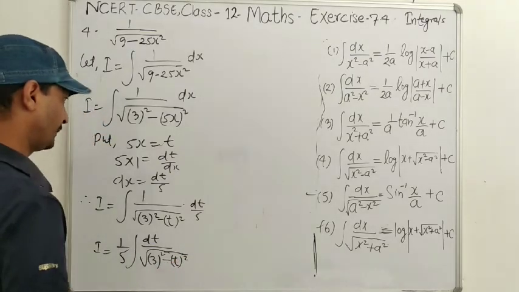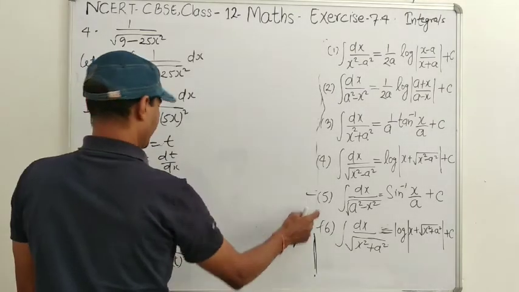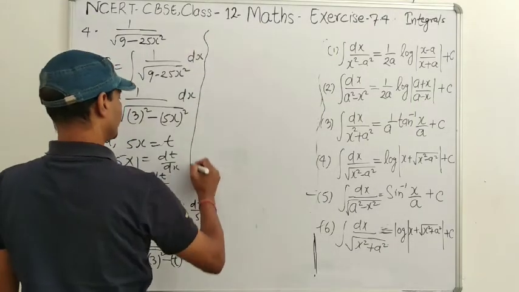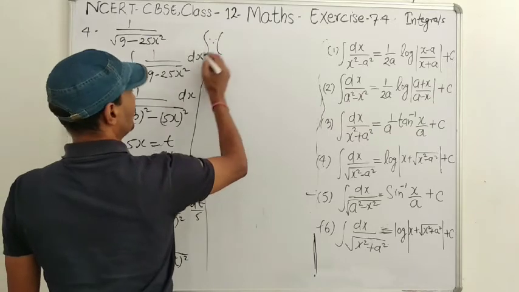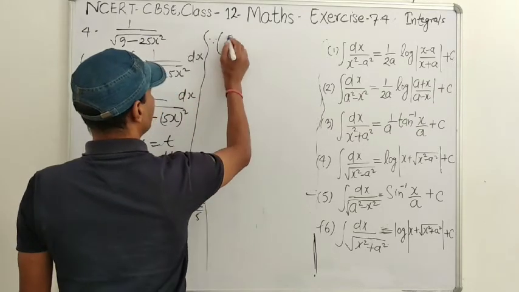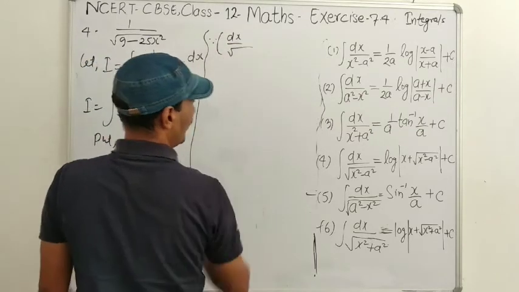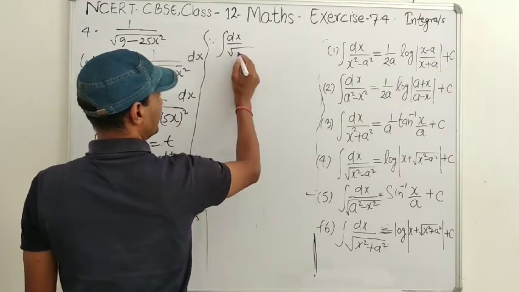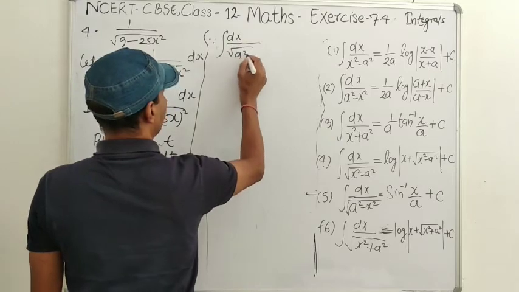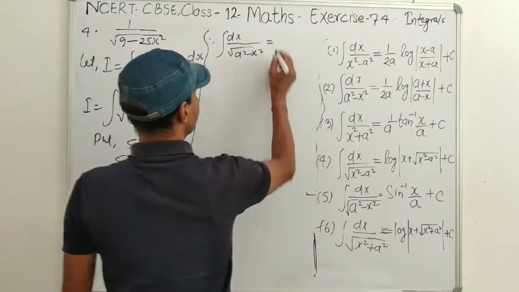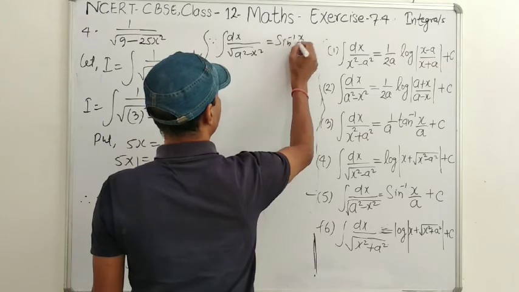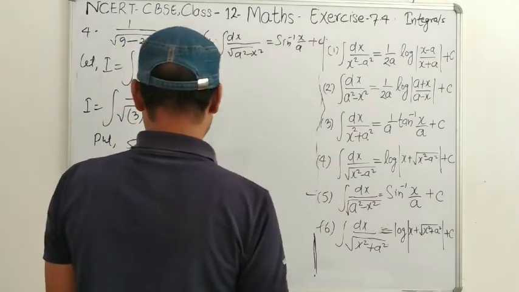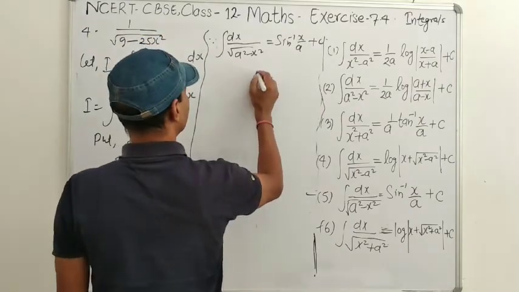So we get the formula, dx by root over a square minus x square. Our formula is integration of dx by root over a square minus x square equals sine inverse of x by a plus c. So compare here, what is x here?